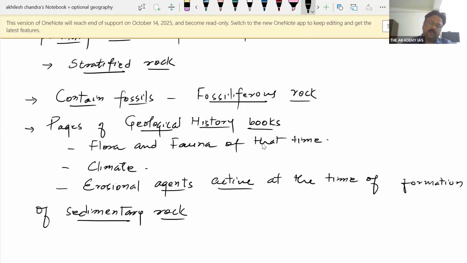So it's a pages of geological history. Okay. Pages of geological history.